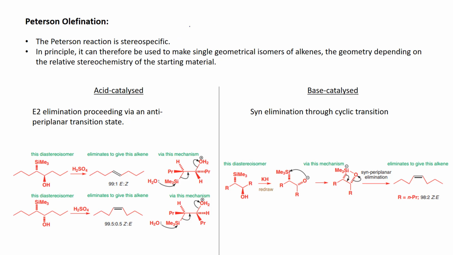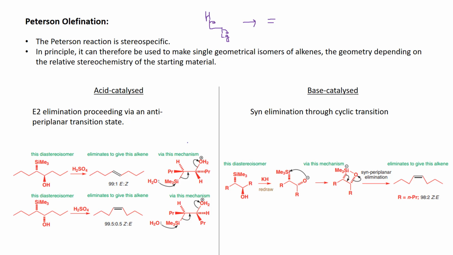You know about elimination reactions. If you have a hydrogen here and a leaving group here, and the removal is in this way and forms a double bond, this is called anti-elimination.